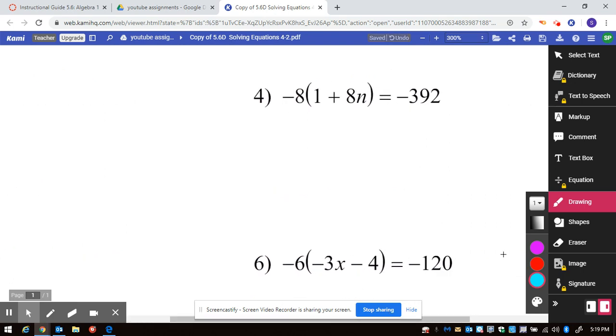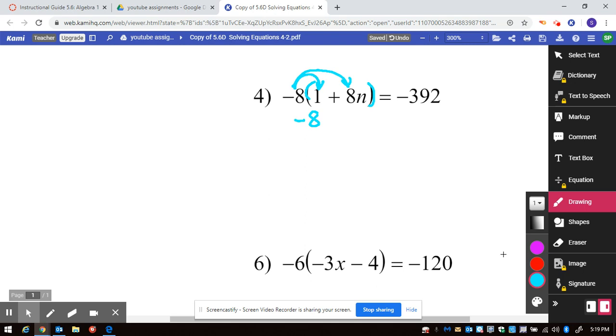What it means to use the distributive property is that parentheses means you have to multiply what's on the outside to everything on the inside. So -8 times 1 is -8.